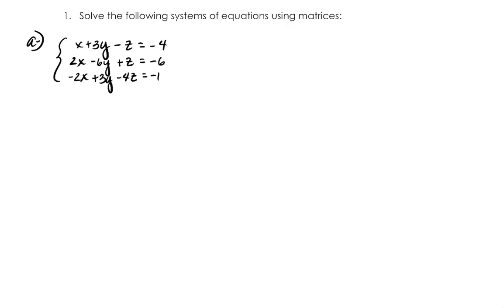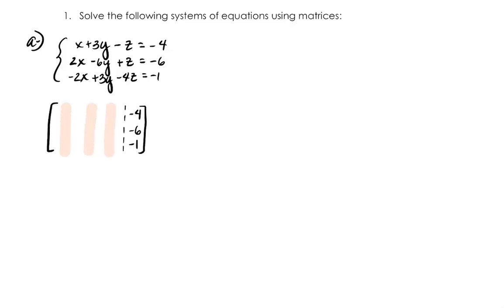First, we are going to create our matrix. To the right side, we will have the solutions of the system. Since we have three variables, we will have three columns.